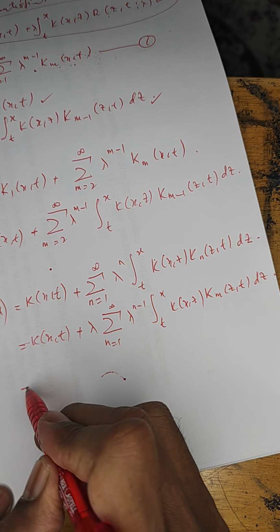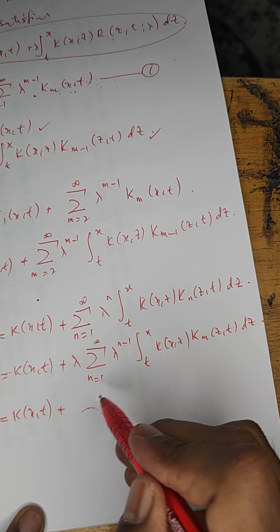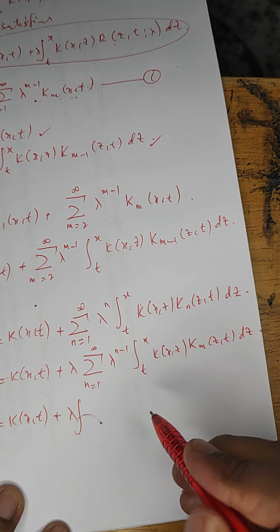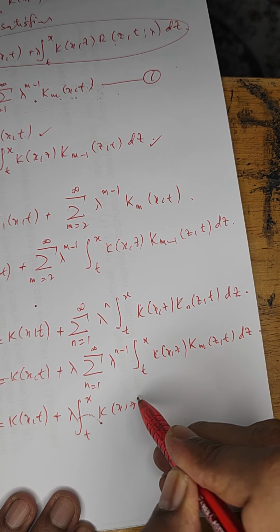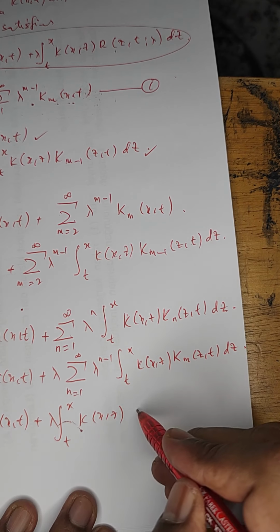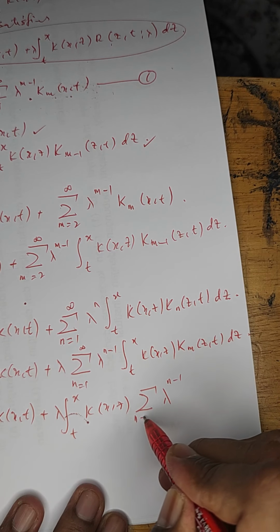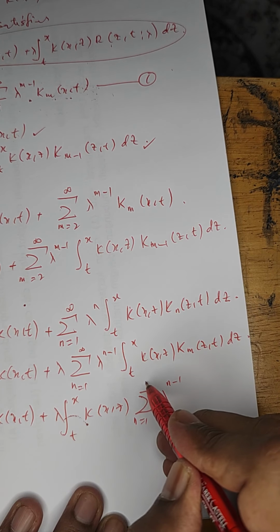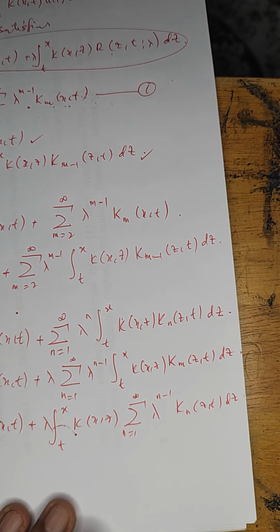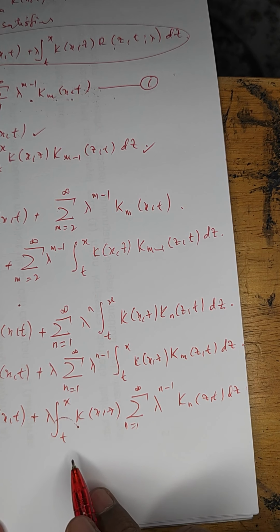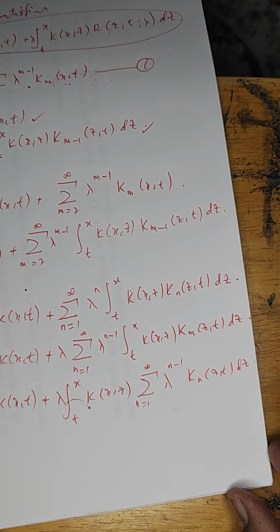So I can write this as K(x,t) plus lambda times the integral from t to x of K(x,z), and we have the summation of lambda^(n-1) K_n(z,t) from n equals 1 to infinity, dz.